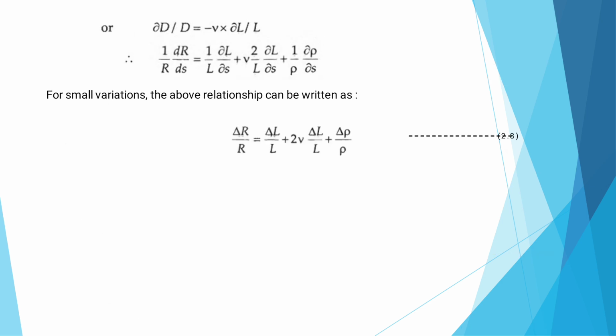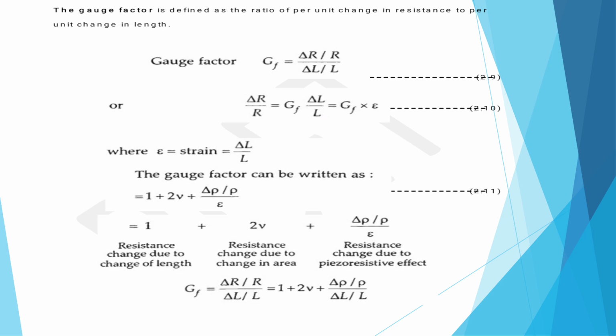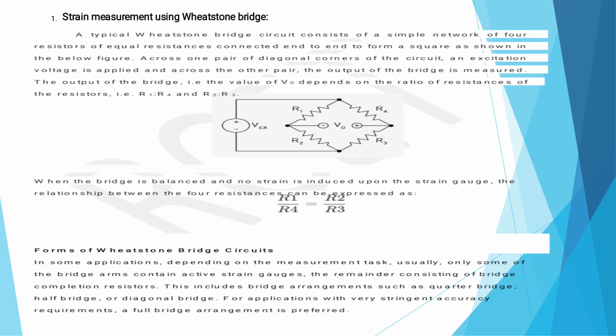Next, the single active gauge setup. Because these fractional changes in resistance are tiny, we must use a Wheatstone bridge for precise measurement. The first configuration is the quarter Wheatstone bridge. Here only one of the four resistors in the bridge is an active strain gauge. When force is applied, the active gauge resistance shifts by del R, unbalancing the bridge and generating an output voltage V0.